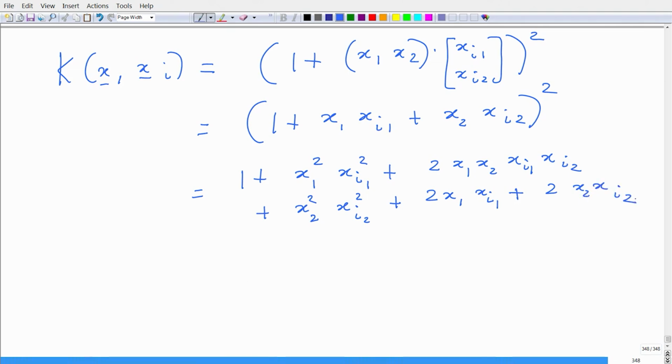I have totally 6 terms. You do the expansion (a plus b plus c) whole square, and I get a square plus b square plus c square plus 2ab plus 2bc plus 2ca.